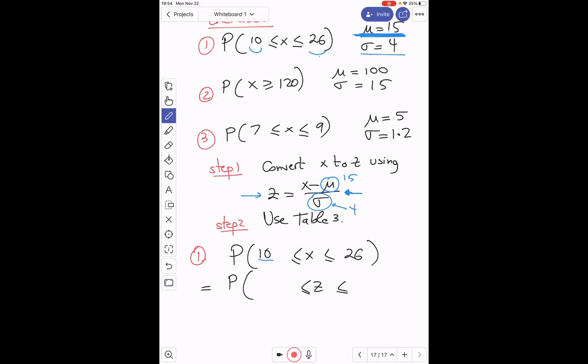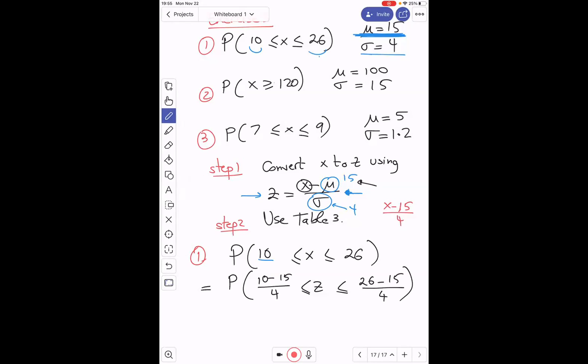So if you have 10, then you have 10 minus 15 over 4. And then here it's 26, so it's 26 minus 15, the mean, over the sigma, the standard deviation, which is again 4. Again, it's x minus mu, which is 15, over sigma, which is 4.